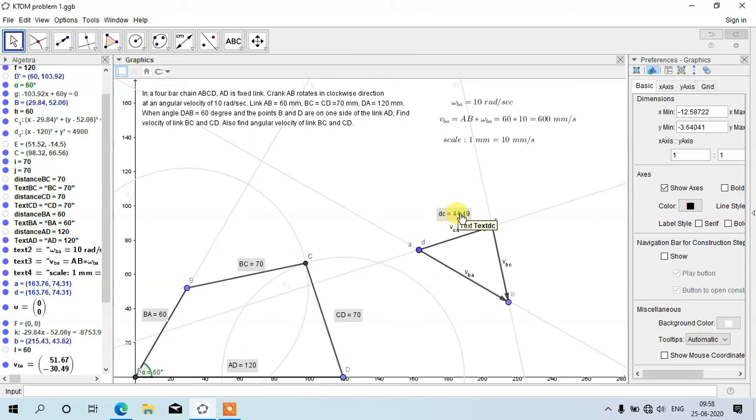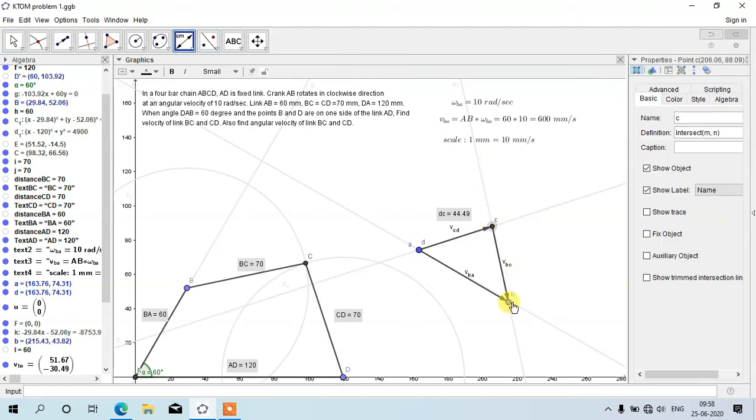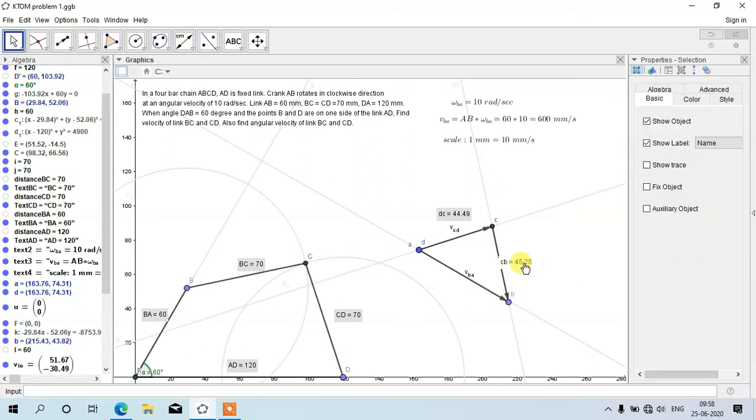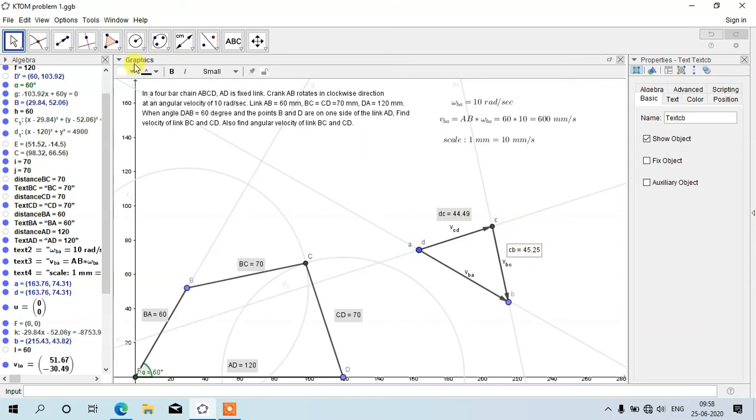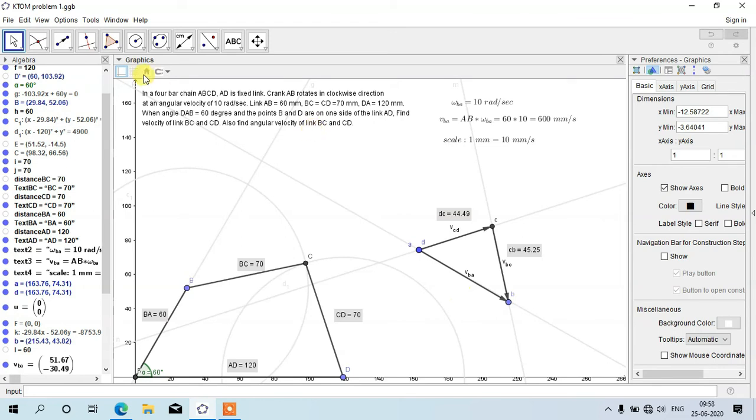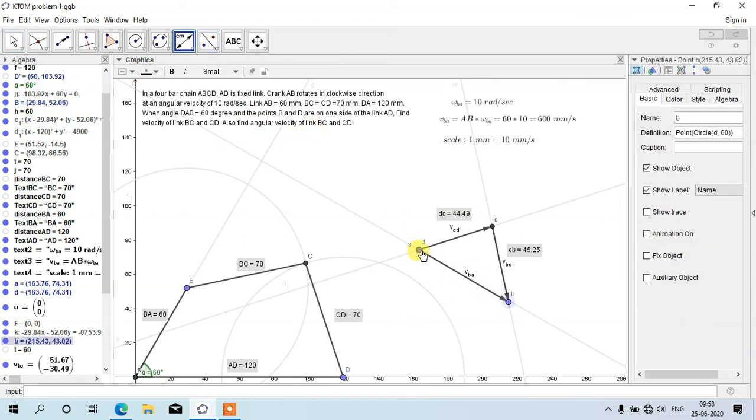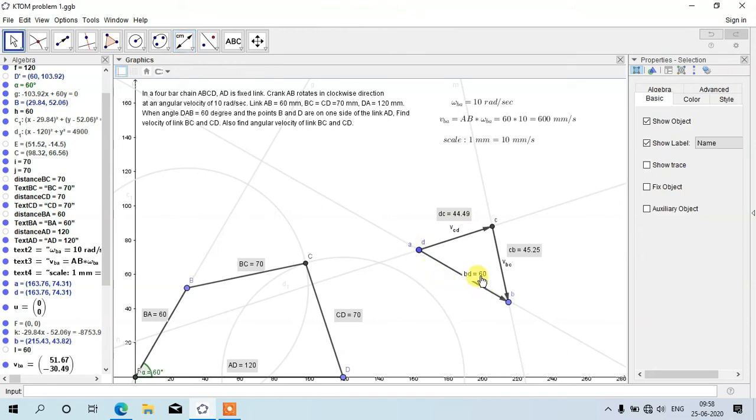So this 44.49 represents 44.49 mm, and the length of vector CD is 45.25 mm, and we know the length of this vector, which is 60 mm.